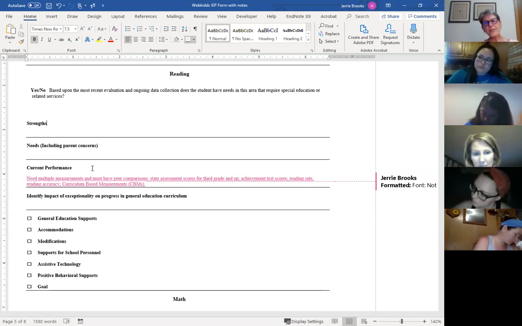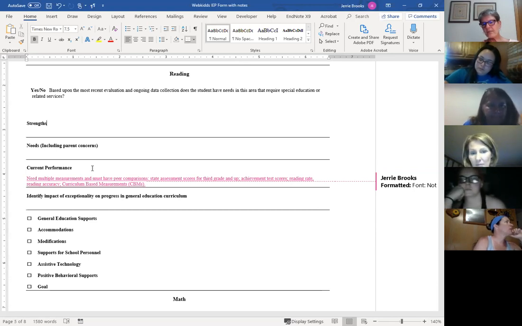And then reading accuracy is another thing that's really easy and really quick to do, and you should do it with your kids. It takes 1 minute. You open a science or a social studies book, or if they have an English literature book, you can do that. Just open it up, have them read for 1 minute, count the number of words they read correctly, and divide it by the number of words they read total in that 1 minute.